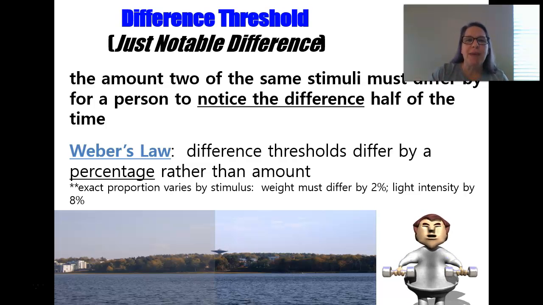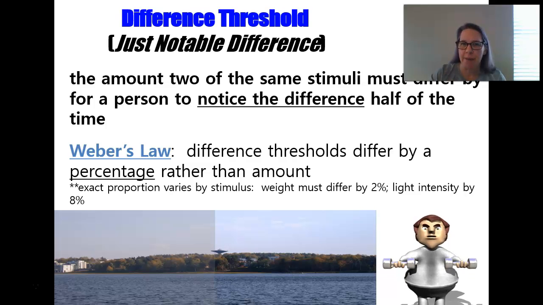So this is the amount that two of the same stimuli must differ for a person to notice the difference at least half the time. So difference threshold is based on Weber's law. Difference thresholds differ by a percentage, okay, rather than a specific amount. Okay, so difference threshold will always be reported as a percentage.